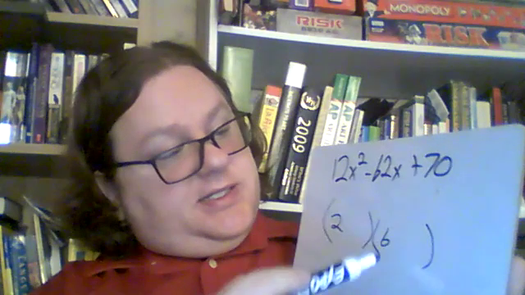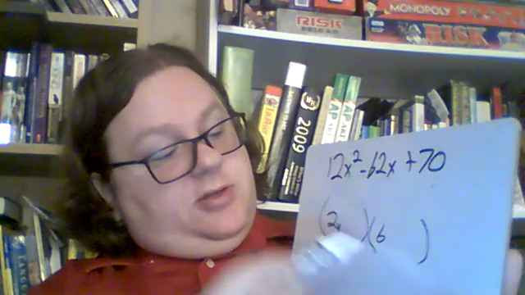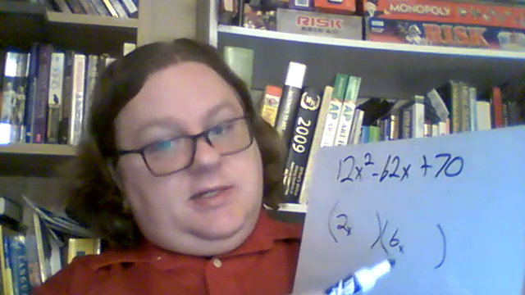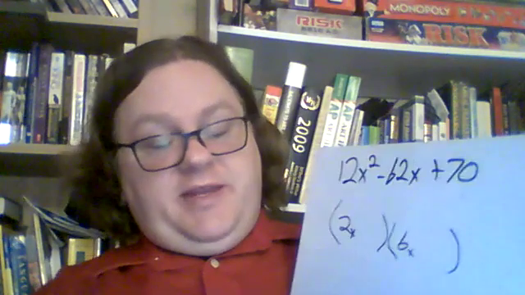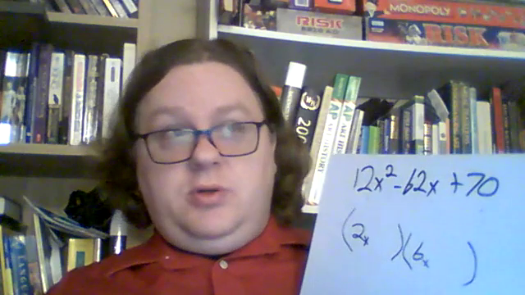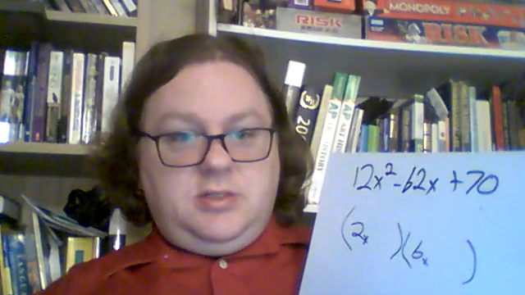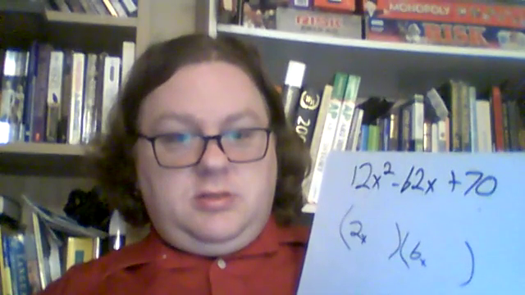2 and 6. And then two numbers that multiply together to be 70 is either 1 and 70 or 35 and 2. And that's all I can really think of. Let's see if they've got any others. 5 and 7. They've also got 5 and 7.